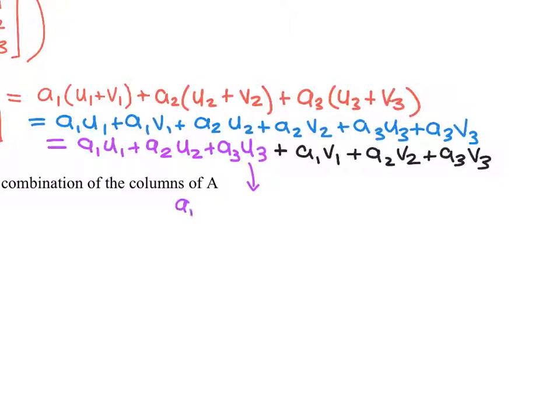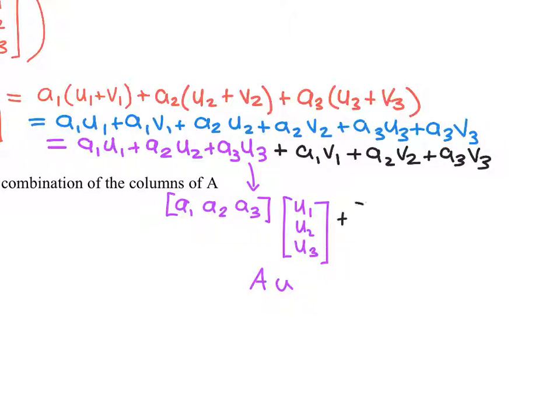So A1, A2, A3 multiplied by vector U, which is U1, U2, U3, which ultimately is the same thing as saying AU.